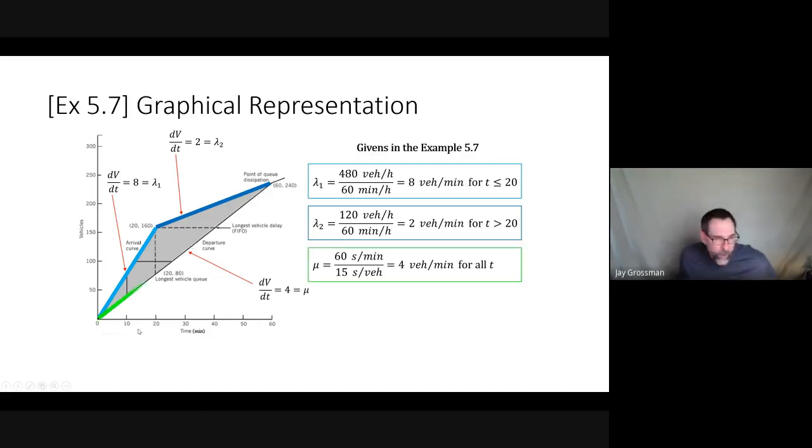We're processing people through at the same rate, so that's our mu, and that stays constant, right? The arrival rate could be constant, and the departure rate could change partway through. It doesn't have to always be this kind of shape. They could both change partway through. Suddenly, the people processing the toll booth got faster. That'd be that example we went through.